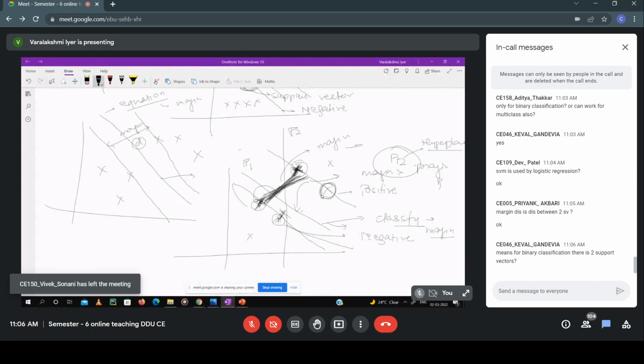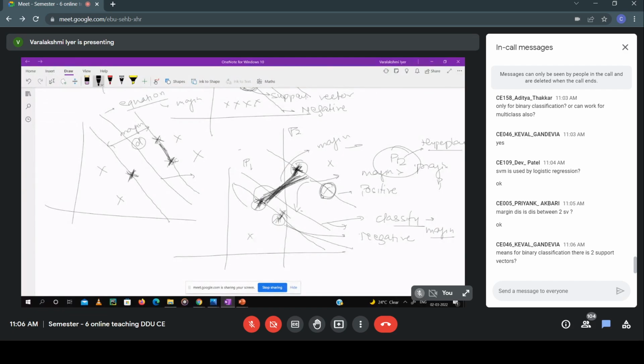Yes, in binary classification, support vectors are the data points that are nearest to the hyperplane, the most nearest to the hyperplane. In the positive hyperplane, we are having two support vectors on the positive side of the data. In the negative hyperplane, we are having support vectors too.